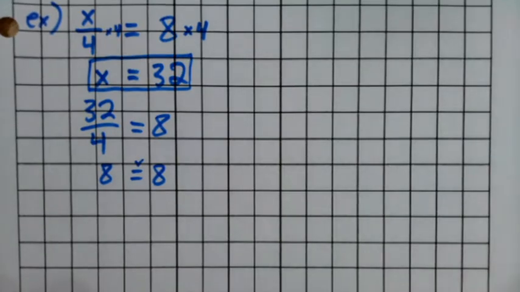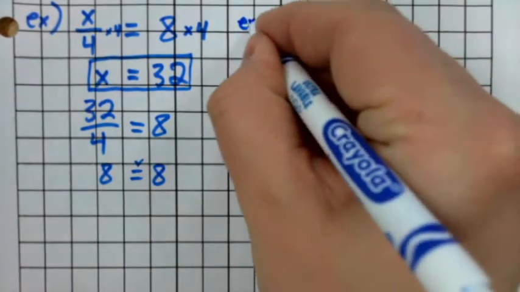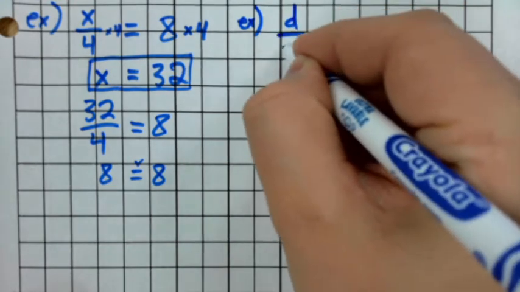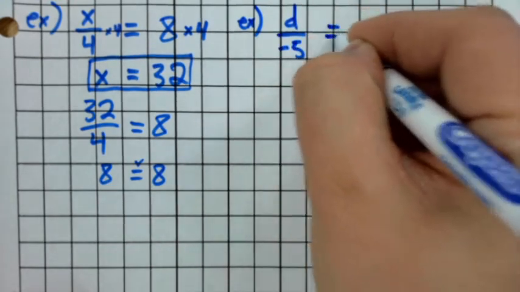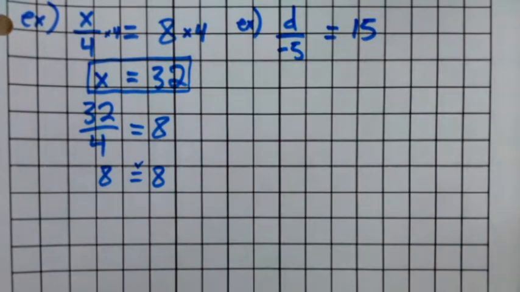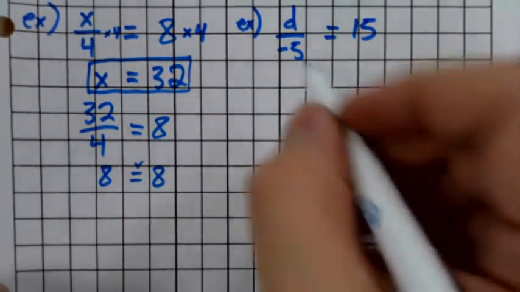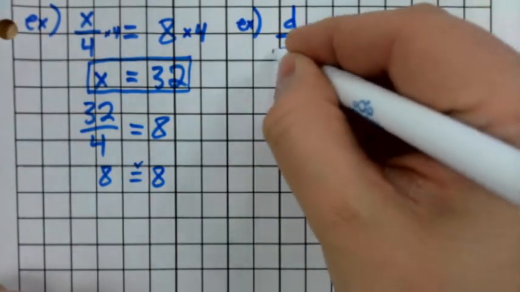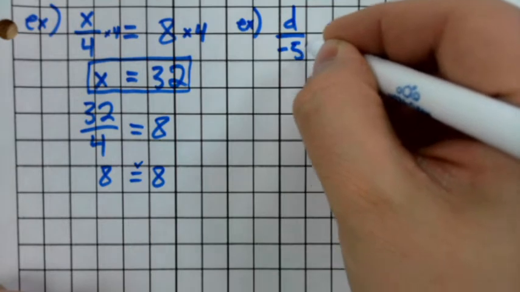That's a pretty simple example there, but let's do a couple others, a little more difficult. Let's throw in some negatives. What if we have d over negative 5 equals 15? Well, what we need to do is multiply both sides by what's on the bottom here. Is it 5? No, it's negative 5.